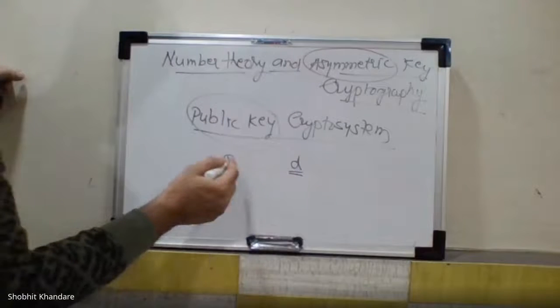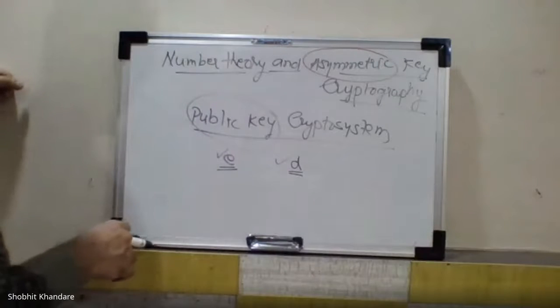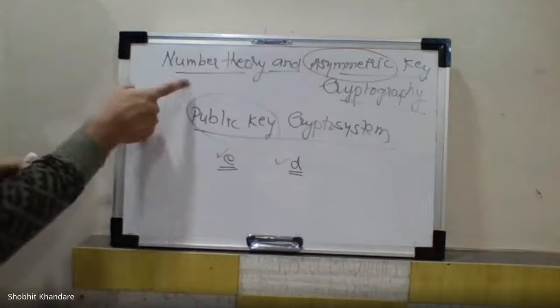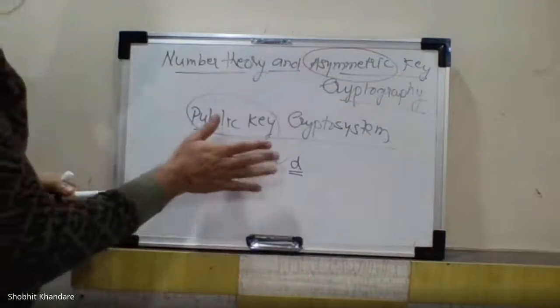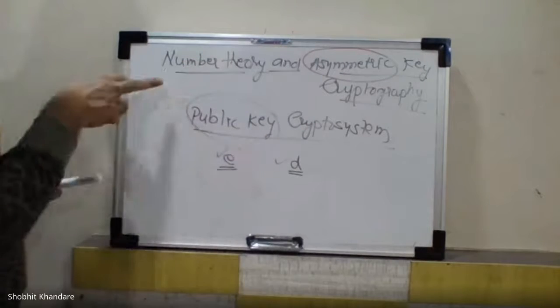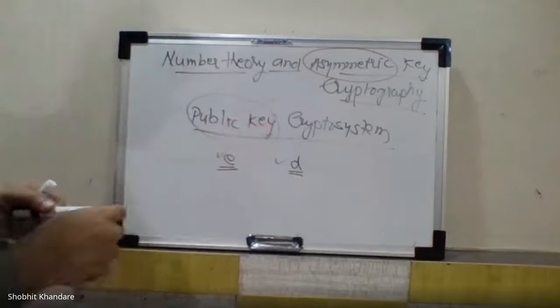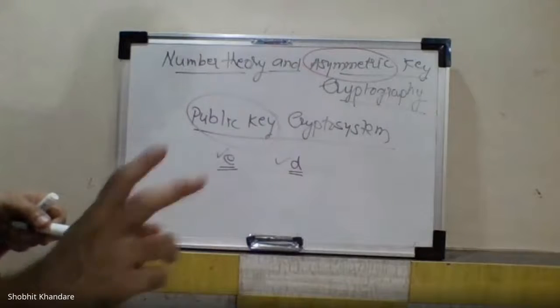So we are going to see each and everything in this concept of number theory and asymmetric key cryptography. Usually I can start with the number theory, where we need to understand what numbers we'll be using in this algorithm. But instead of starting with number theory, I will start directly with the algorithm used in asymmetrical key cryptography, that is RSA.